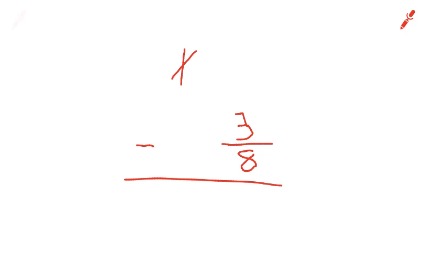We're going to borrow from our 1. So we're left with 0. We're borrowing 1. But instead of just writing 1 right here, we're going to write a fraction form of 1.